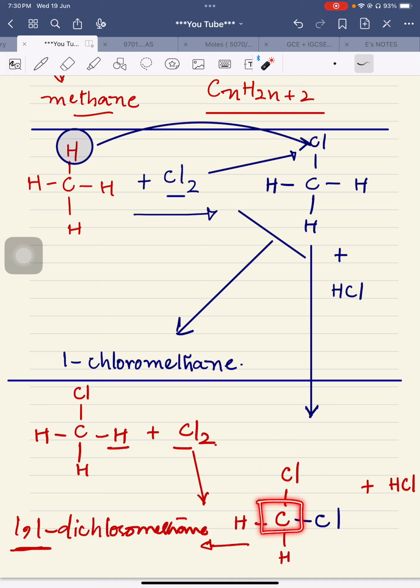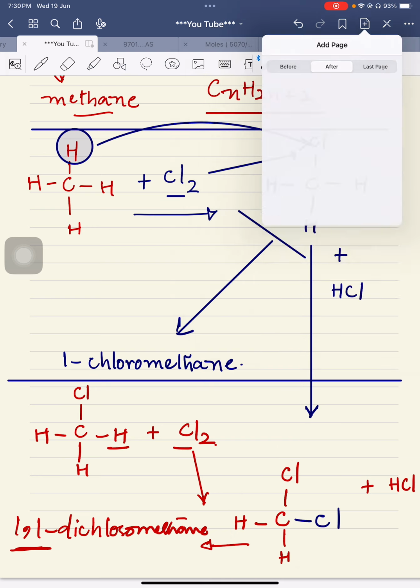So I am telling you 1,1-di. Why is there the word di? Di means two chlorines are there. Dichloromethane. So this is how it is happening: 1,1-dichloromethane. Now this will act as the reactant for step number three.